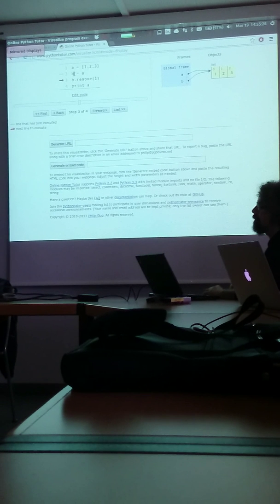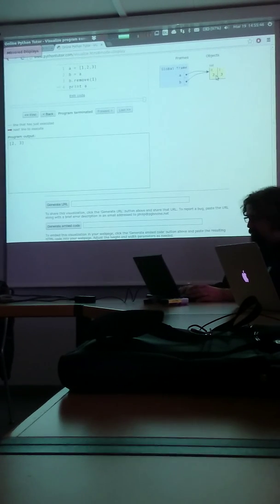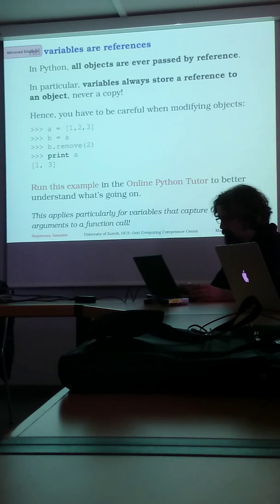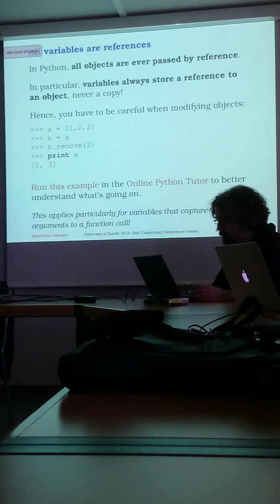Then the assignment B equals A just creates a new name for the same object, but no copy of the object has been made. So when I run remove, the element is removed from the only list we have. And when I print it, I print what is inside. But the question is, if we really need to create two copies, so that I manipulate one and the other stays constant, maybe I can compare later on.